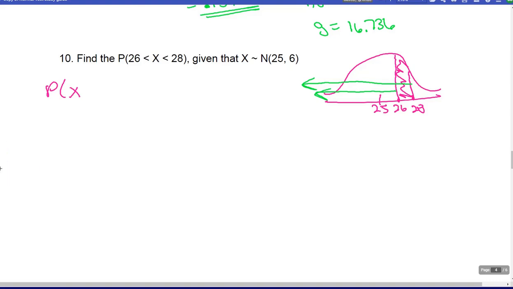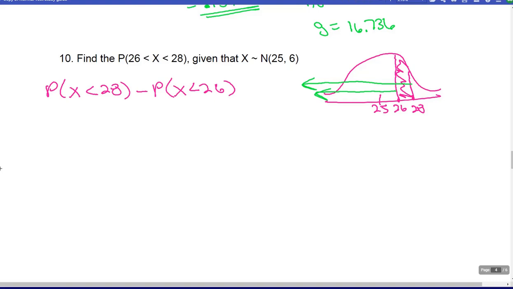Find the probability of x being less than 28, then subtract the probability that x is less than 26. Now, by writing this, it literally tells me what I've got to do. So let's do them one at a time.